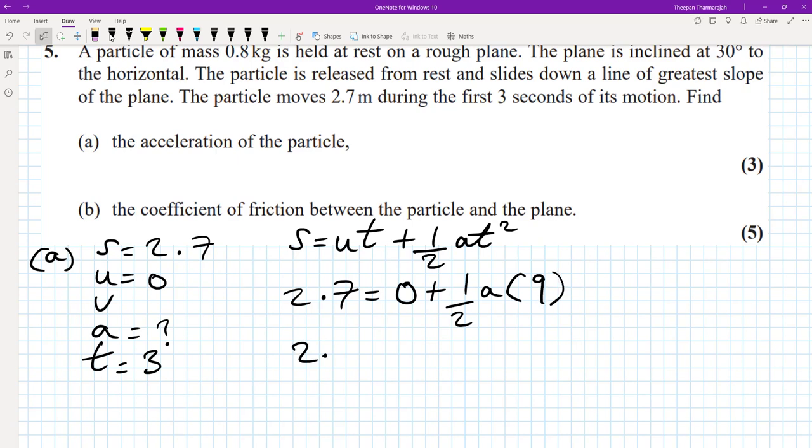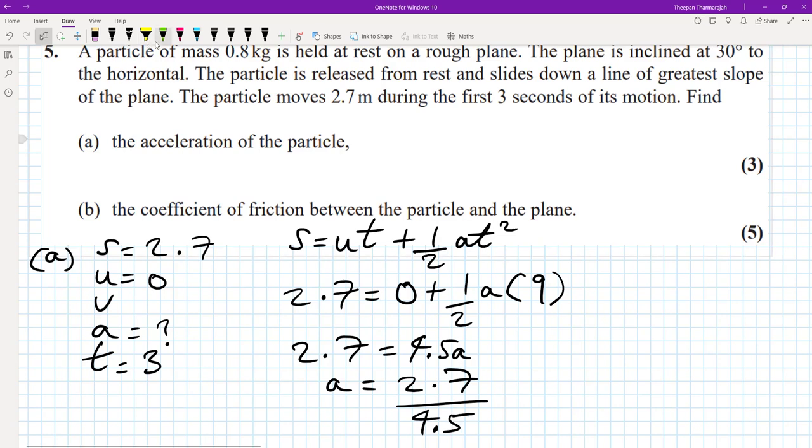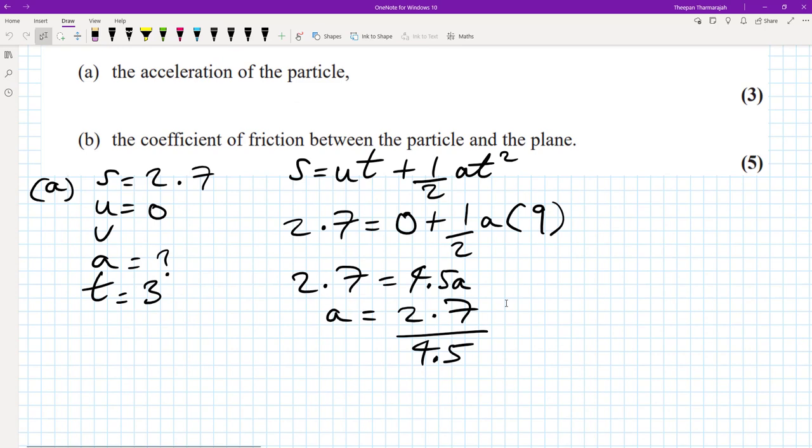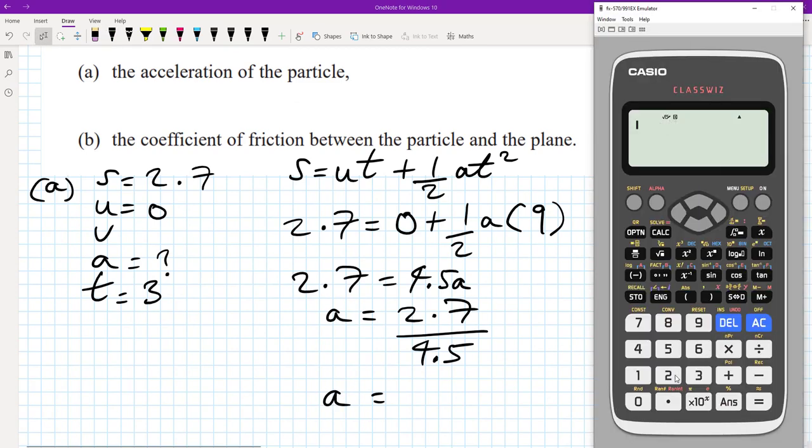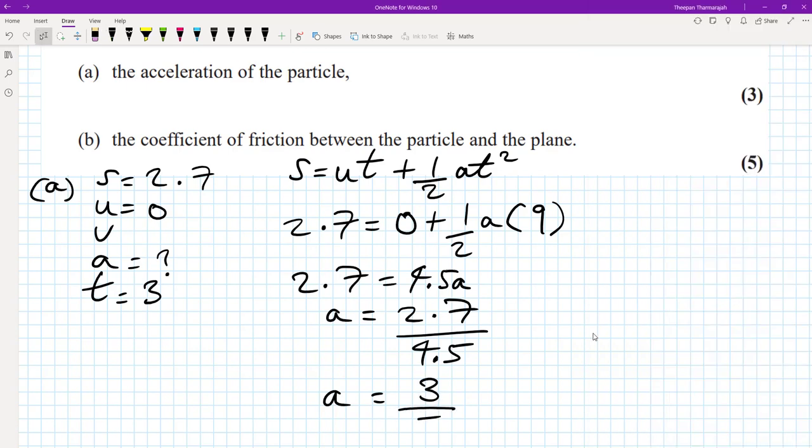So I get 2.7 is equal to 4.5a. So a is 2.7 over 4.5, and we can work that out on our calculator. Just 3/5 meters per second squared.